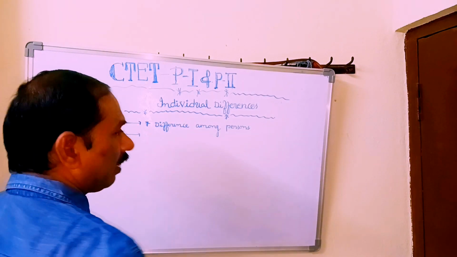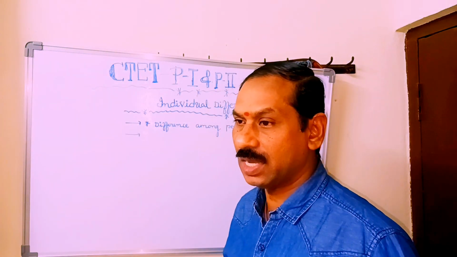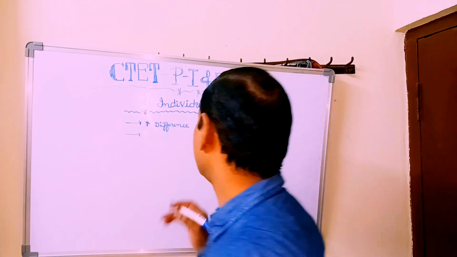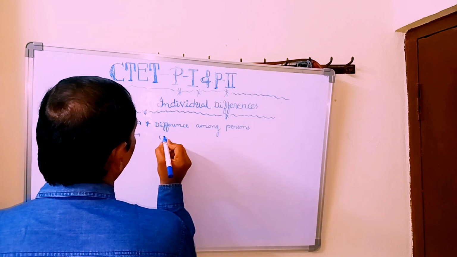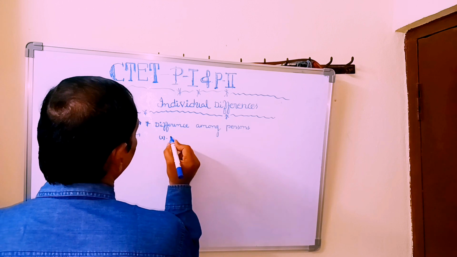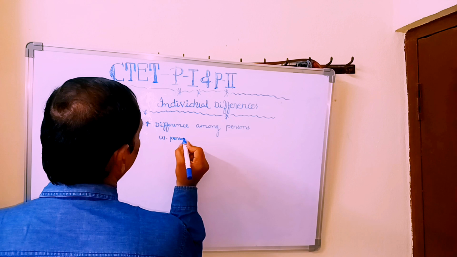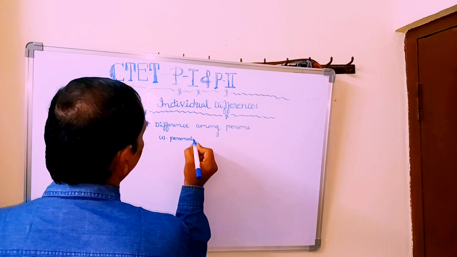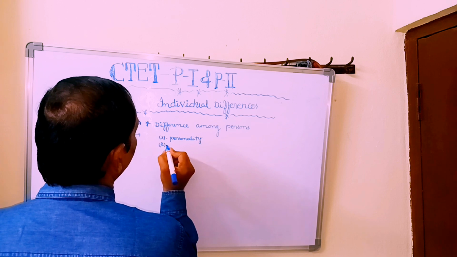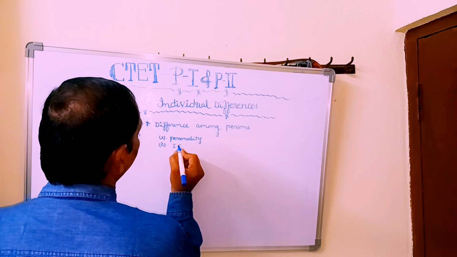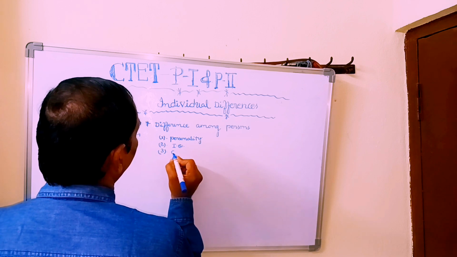In which aspects will we find the difference? Number one, personality. Number two, intelligence. Number three, creativity.